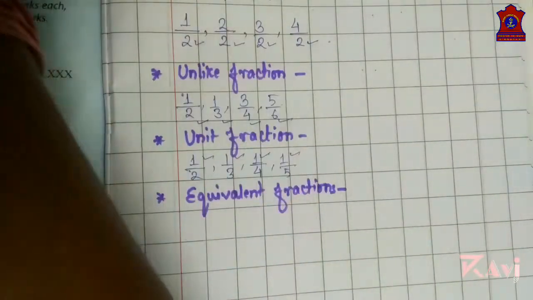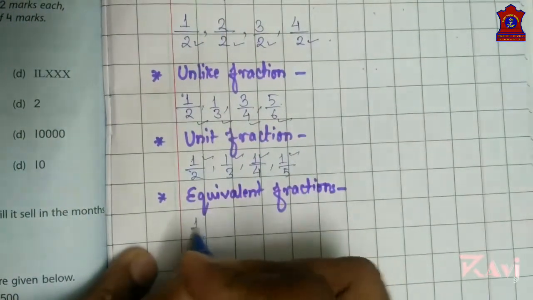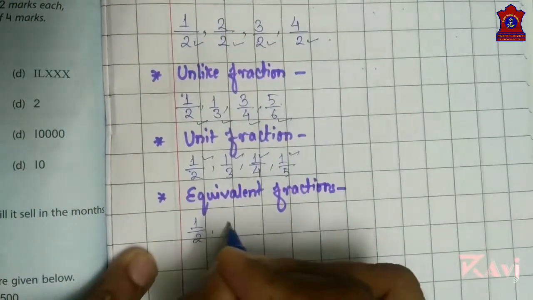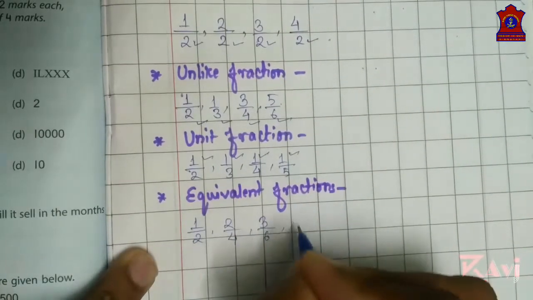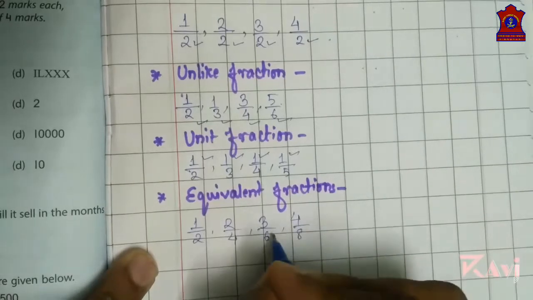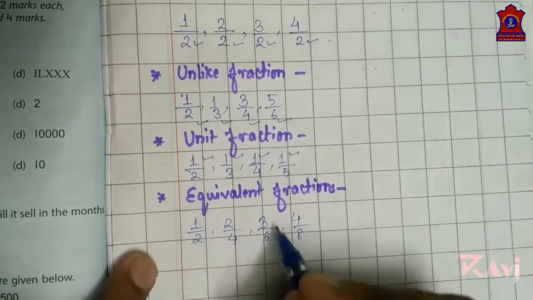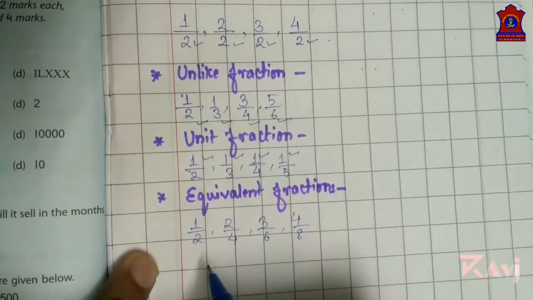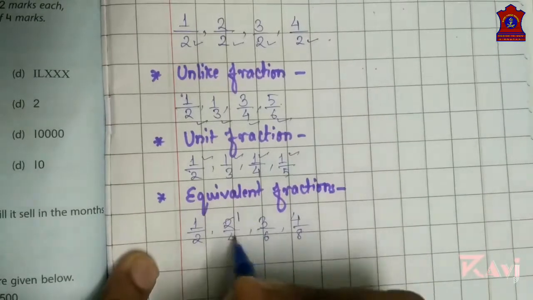Next is equivalent fraction. What is an equivalent fraction? Look at this. 1 by 2, 2 by 4, 3 by 6, 4 by 8. See the values here. The values of all the fractions are the same. How? Look at this. 2 1s are 2, 2 2s are 4.